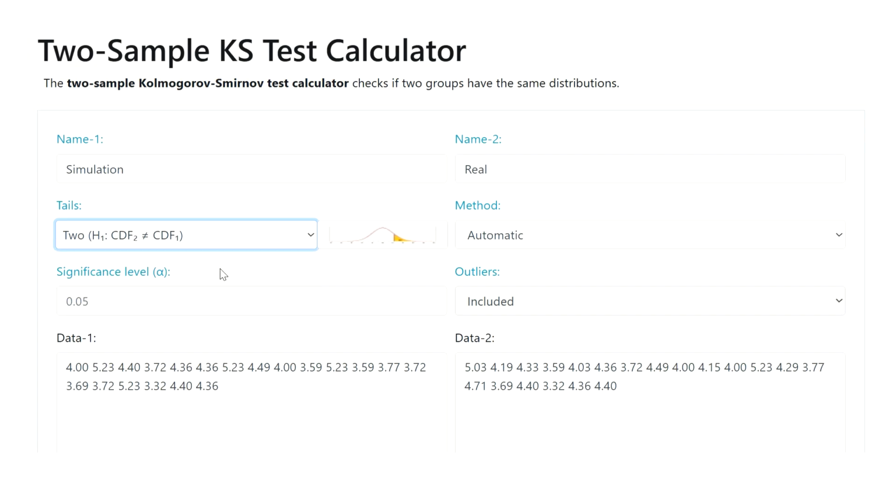And probably here a bit of explanation shall be provided. If you pay attention, the alternative hypothesis is indicated in the following way: that there is a significant difference between the cumulative distribution function of the first data set and the second data set.